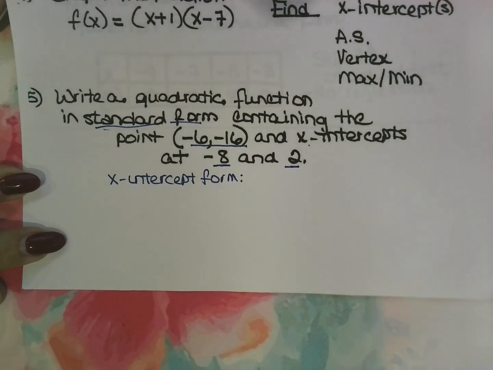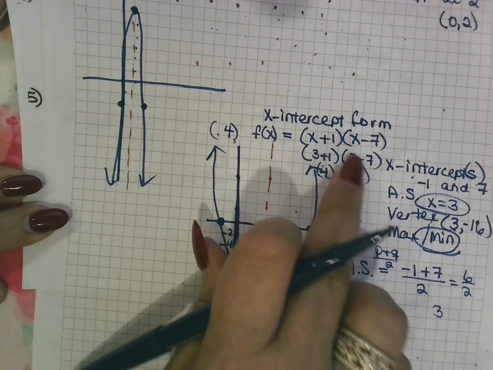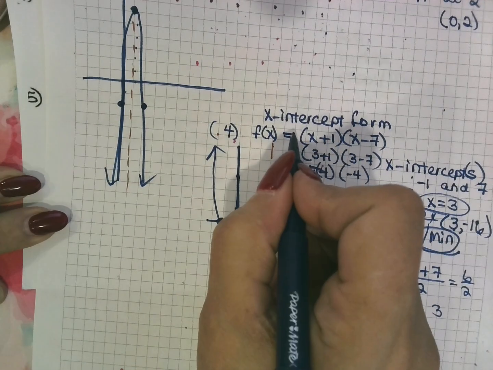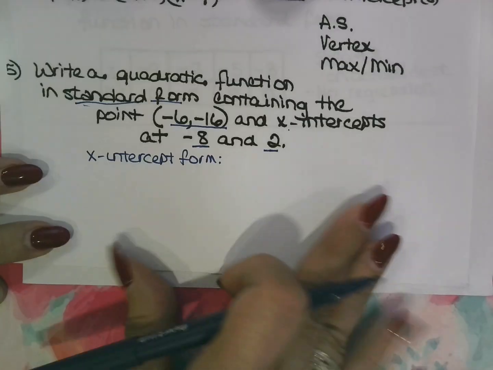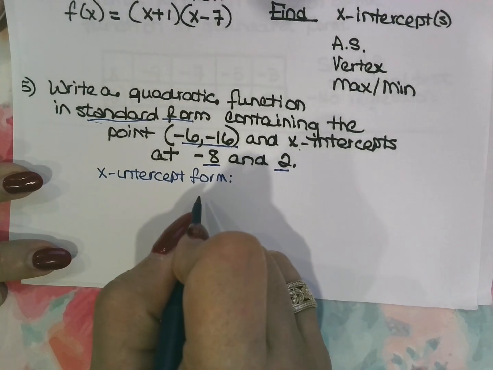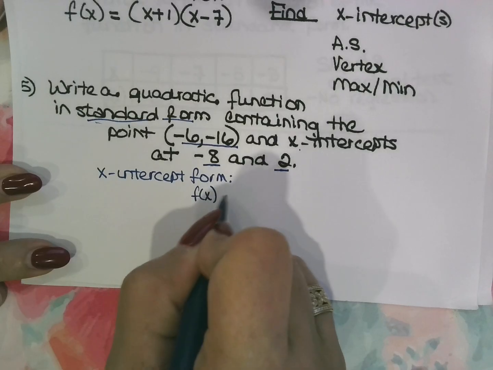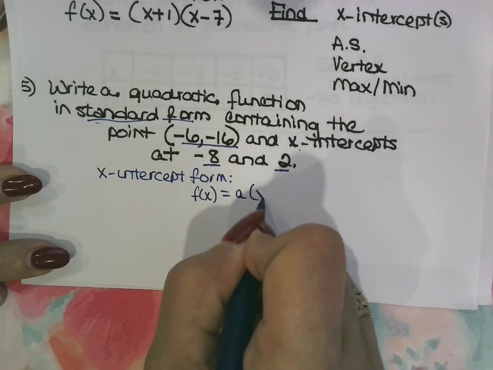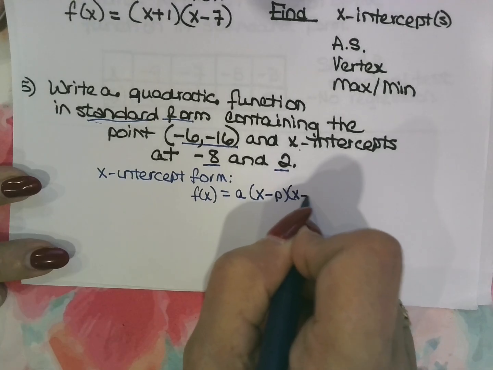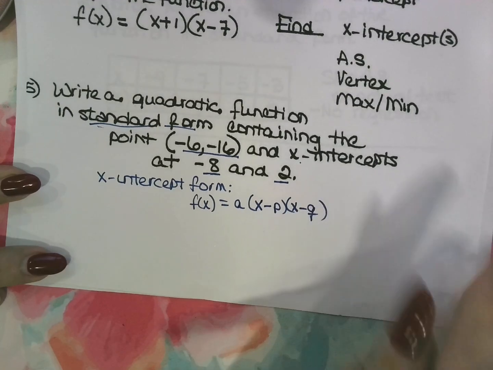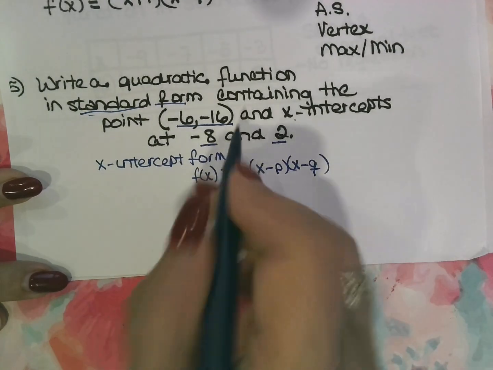like I just did over here, looks like that, except there's an a in front. So x-intercept form looks like this. f of x equals a(x minus p)(x minus q), where p and q are your x-intercepts.